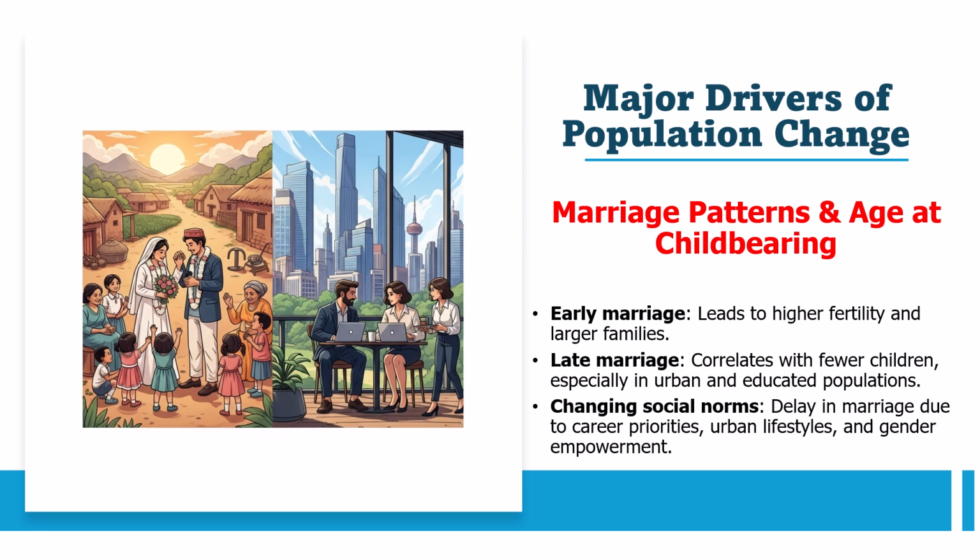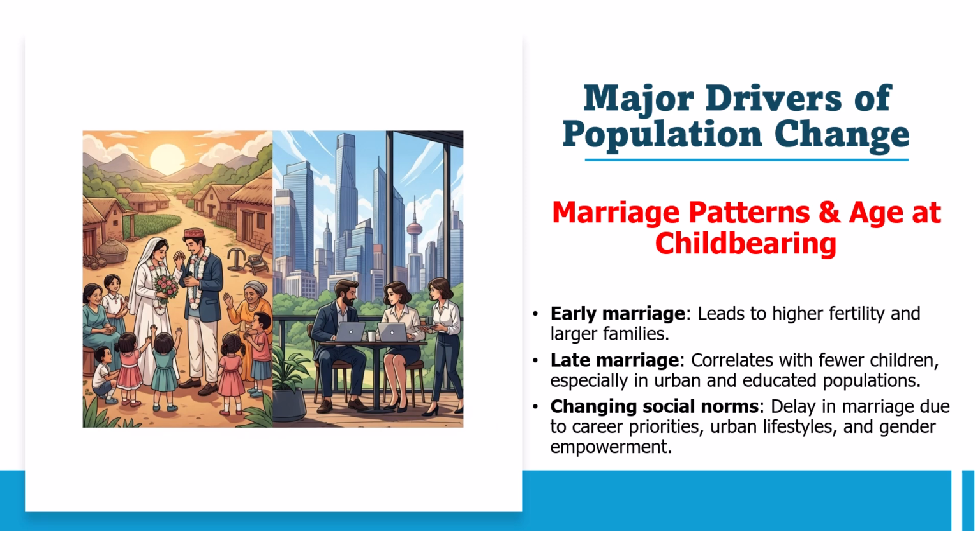Marriage patterns and the age at which couples begin childbearing significantly influence population change. Early marriage often results in longer reproductive spans, leading to higher fertility rates and larger families, especially in traditional and rural societies. In contrast, delayed marriage, more common in urban and educated populations, is strongly associated with fewer children and smaller family size.